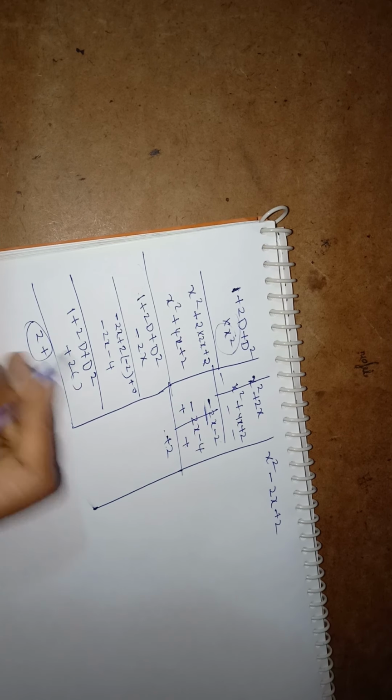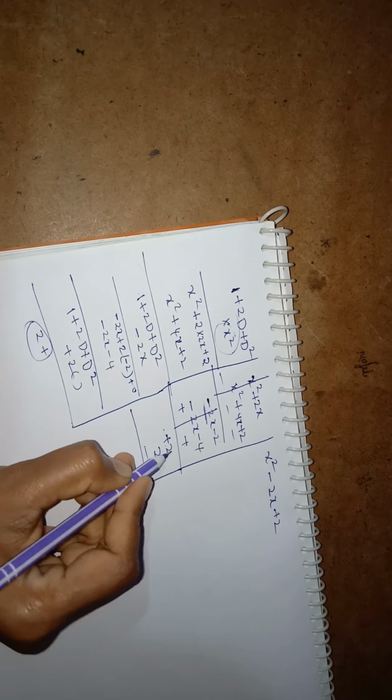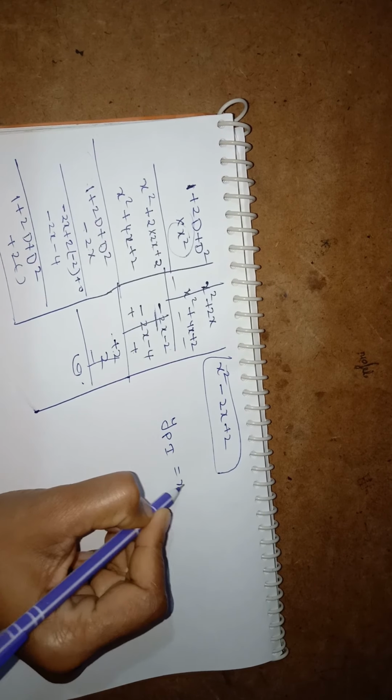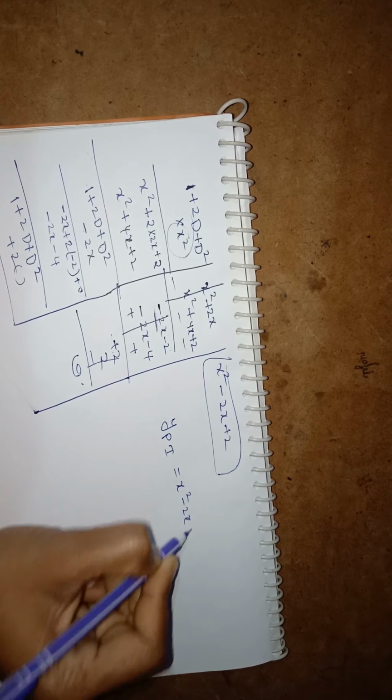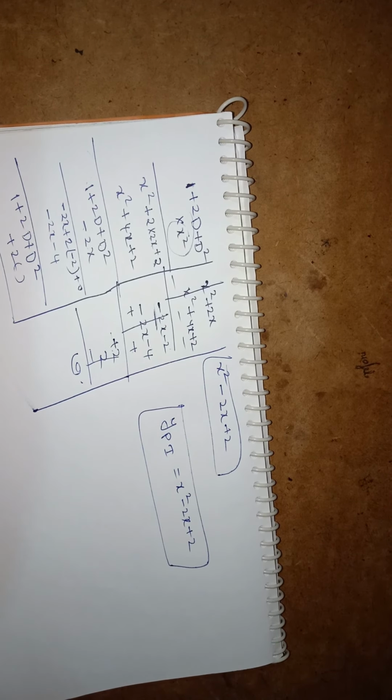We have 2 here, so write 2. This is the remainder. Now the solution, the particular integral, is equal to x square minus 2x plus 2. This is the solution for the given problem.